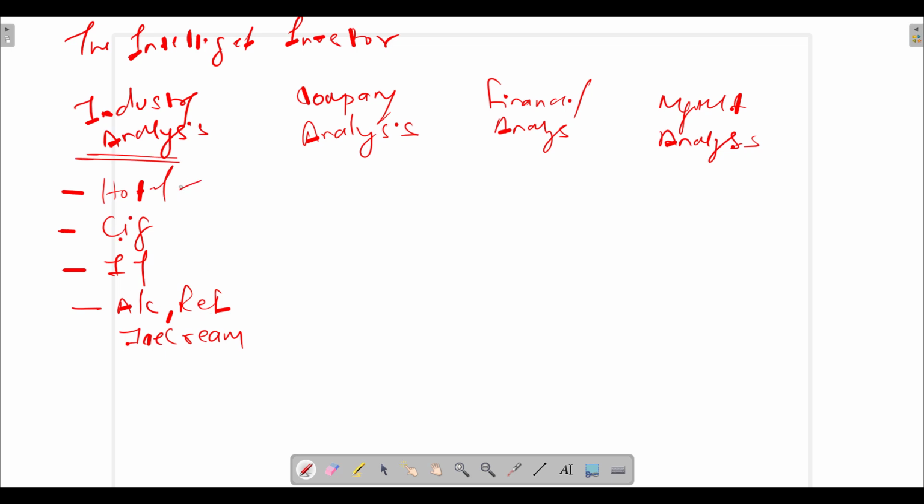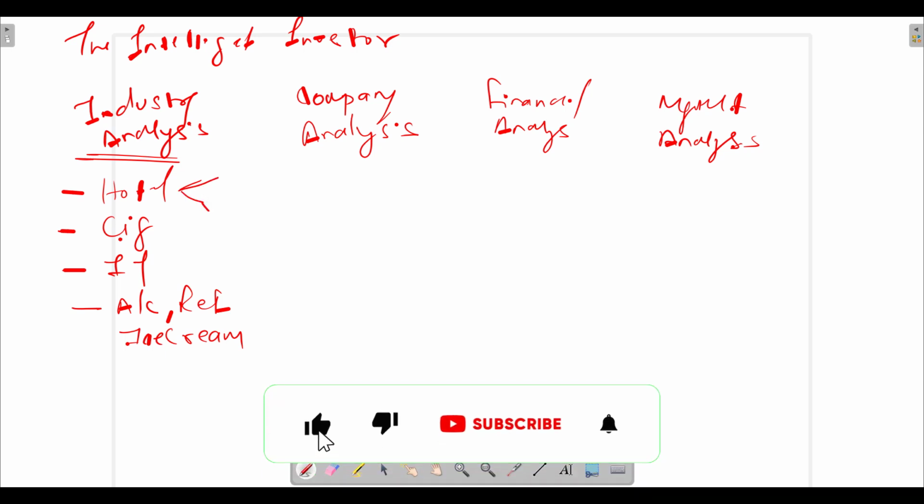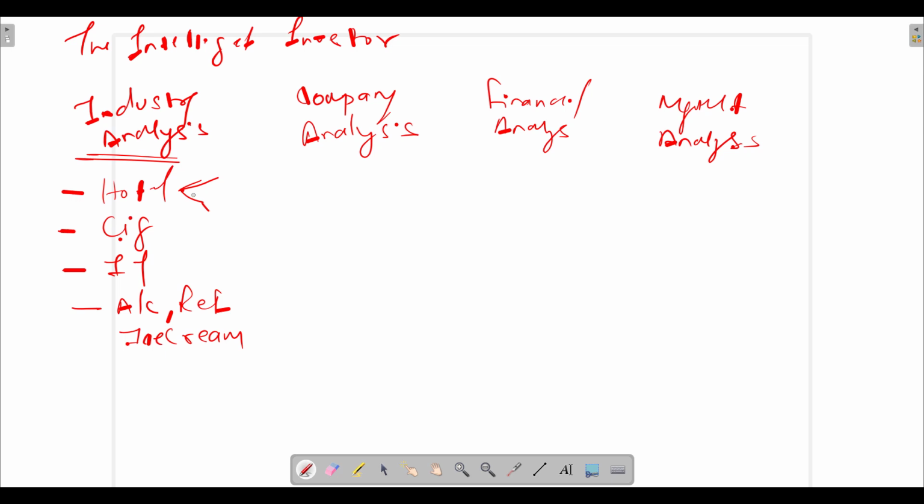So let's say we are considering the hotel industry. In the coming 3 to 5 years we will see whether the hotel industry is going to expand or contract, in the sense of whether the revenue flow to this industry and the companies in it is going to contract or rise.